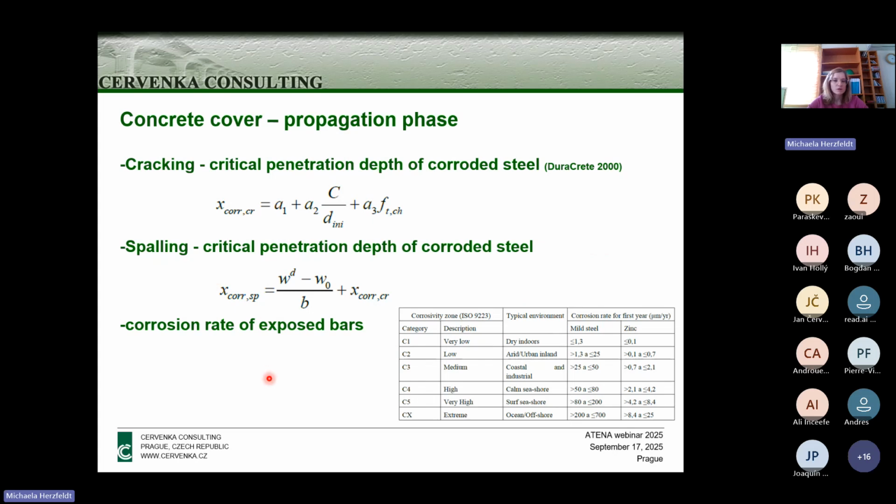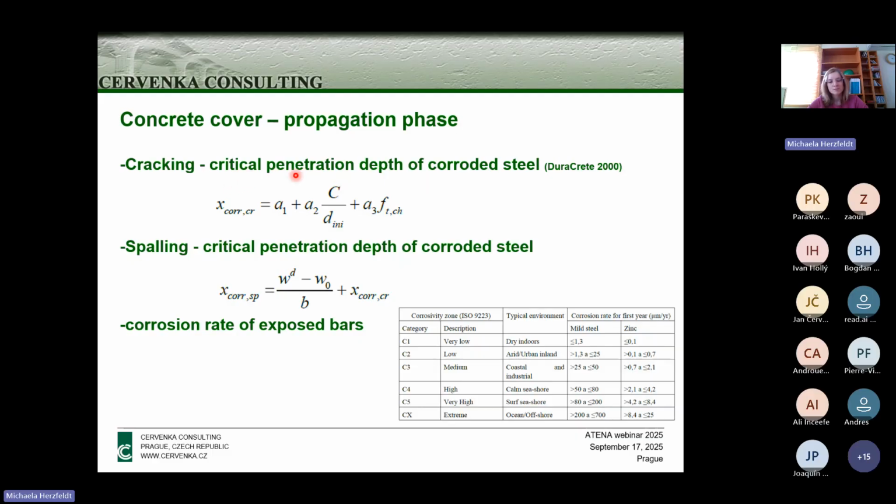Okay, so we were talking about the corrosion rate, and this corrosion rate in propagation phase can also cause cracking or even spalling. So for cracking and spalling, we use the Duracrete model that gives very realistic results.